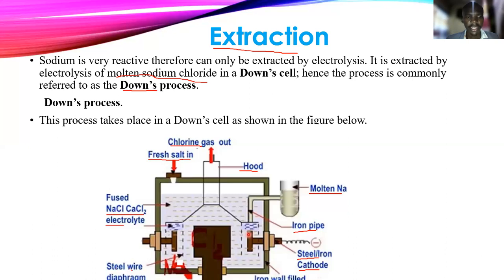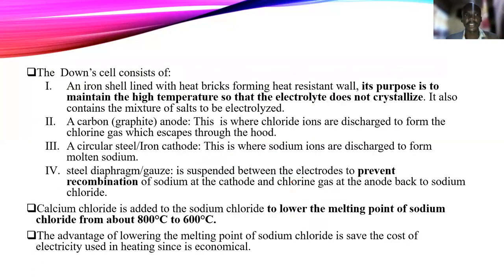Then we have the steel diaphragm. Here, first of all, the fresh salt is the rock salt, which is sodium chloride. It is a solid. You insert it here to get into this place, and the following process takes place.